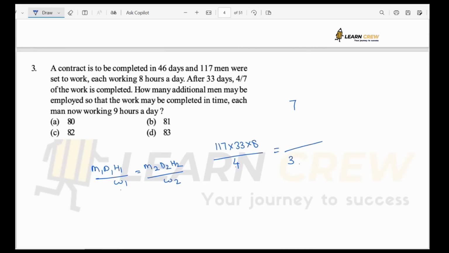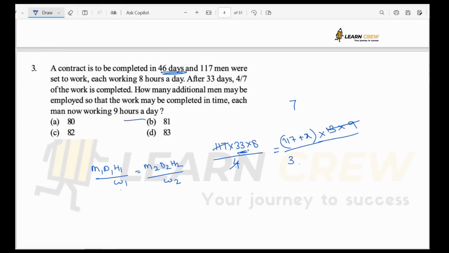Now, how many additional men? To these 117 men, some additional x men are added. Thereby, the work is completed on time. On time means how many days? 46 days. Already 33 days are over. Remaining how many days? 13 days. Now, they are working for how many days? How many hours a day? 9 hours a day. 13 into 9, 117, 117 cancel. Yes or no?